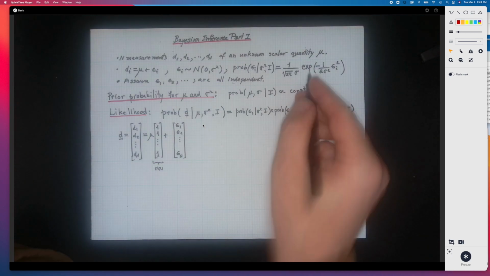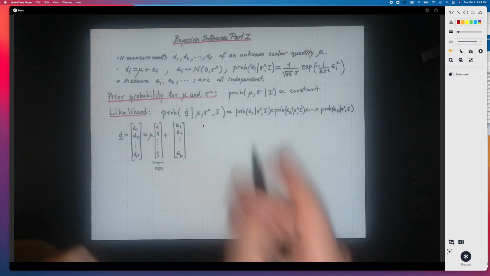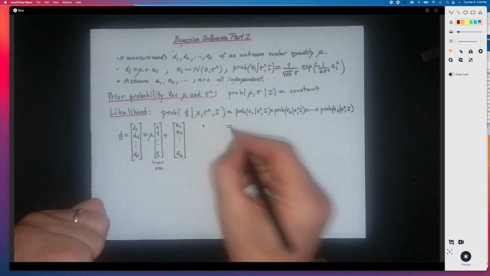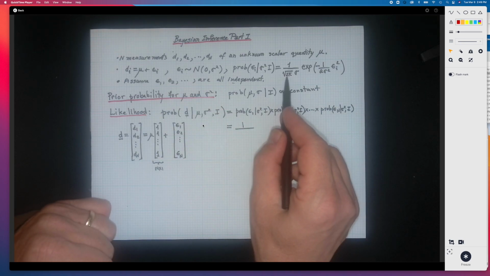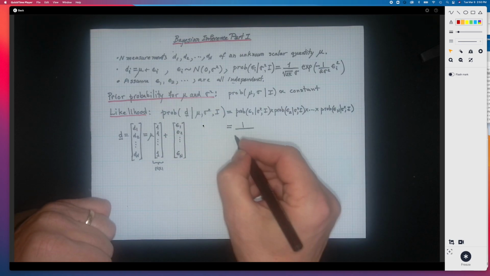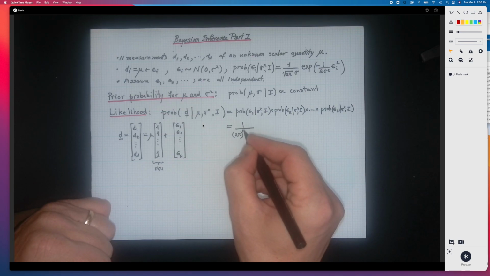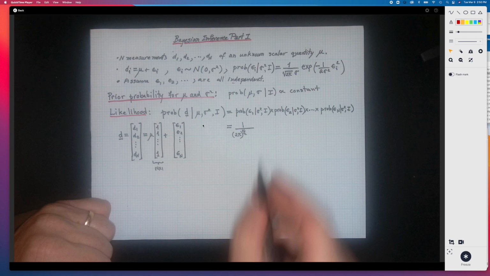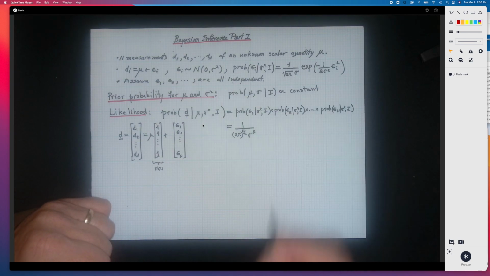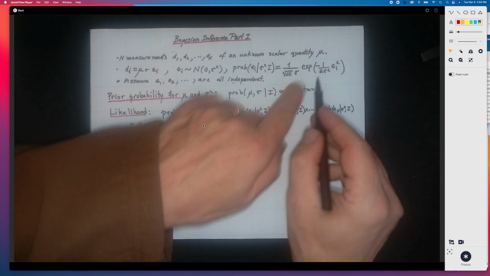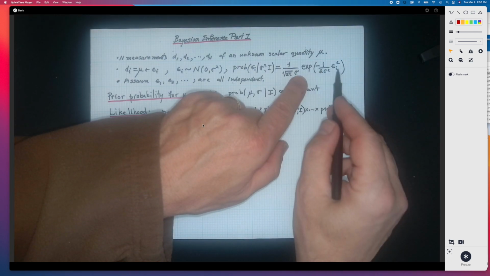And so now we can plug in our expression for each probability, and this gives us 1 over, and we're going to have n factors of square root of 2 pi, so that's 2 pi to the n over 2, and we're going to have n factors of sigma, so sigma to the n, and then we're going to have n of these exponential factors, but each time with a separate i.